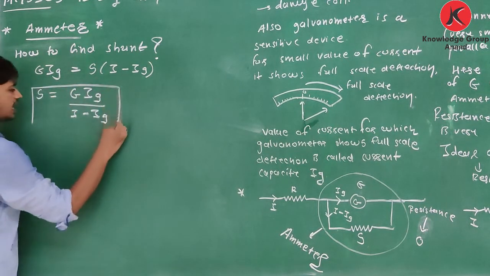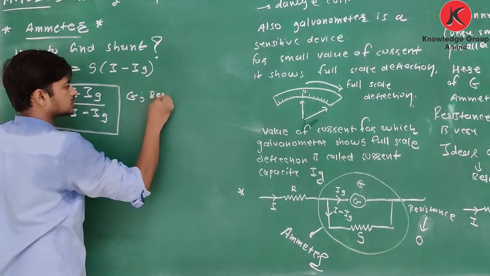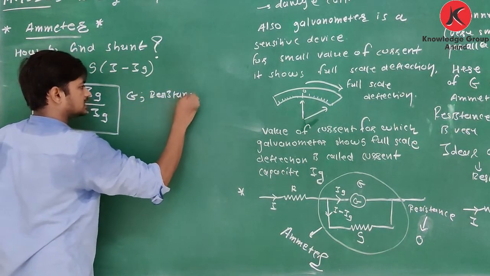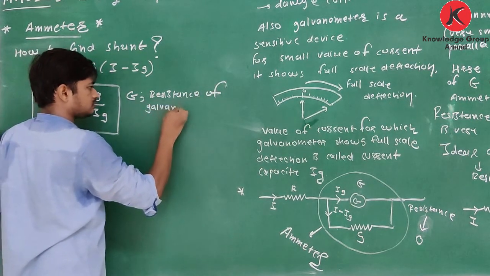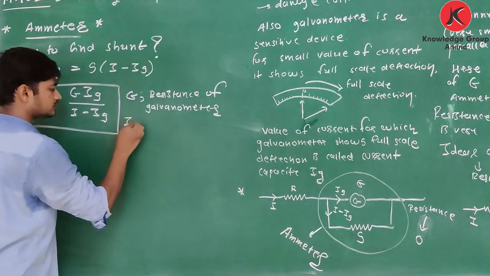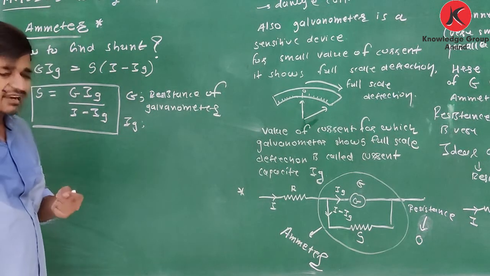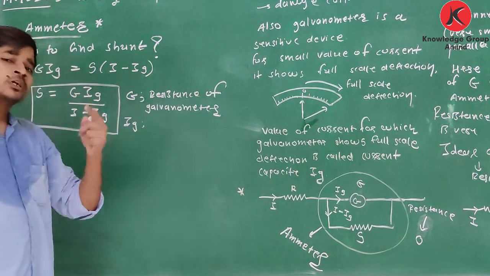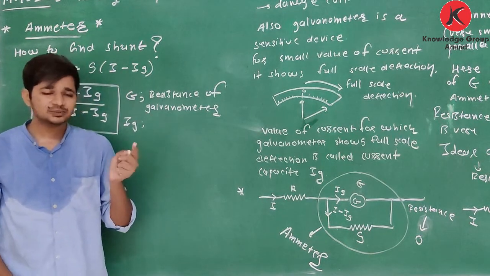S is equal to G Ig upon I minus Ig, where G is the resistance of the galvanometer. What is Ig? Ig means the current capacity of the galvanometer, or the maximum current flowing through the galvanometer, or the current flowing when there is maximum deflection.